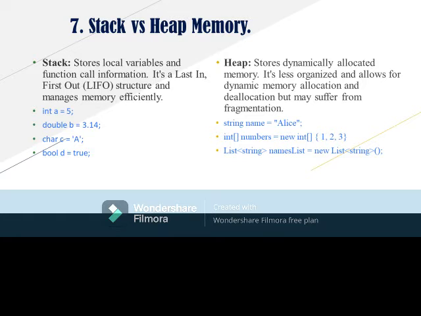It's basically a last in, first out structure, and manages memory more efficiently. When it comes to heap, it stores dynamically allocated memory. It's less organized and allows for dynamic memory allocation and deallocation, but may suffer from fragmentation. So that's the difference.